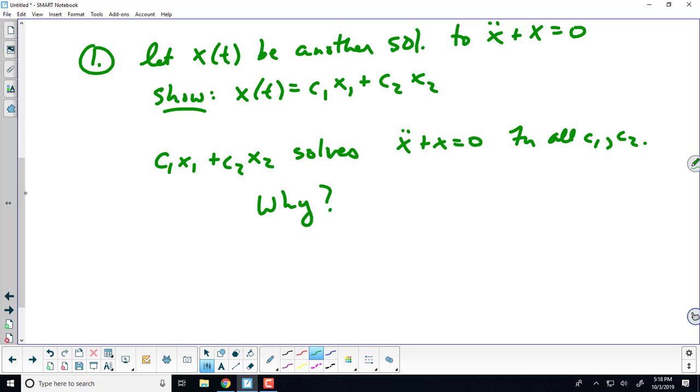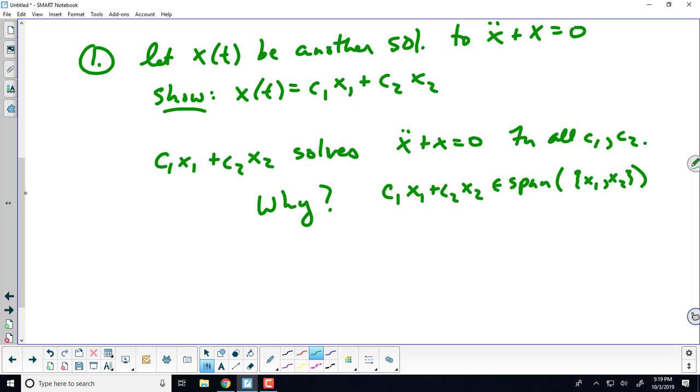There's two words you could use. Well, sorta. So we've already said that c1 x1 plus c2 x2 is in the span of x1, x2, right? And what do we know about vector spaces? This is what you were saying earlier, Jalen.